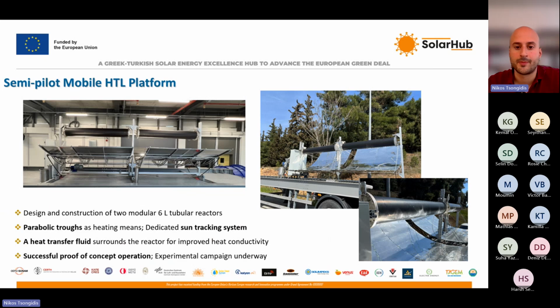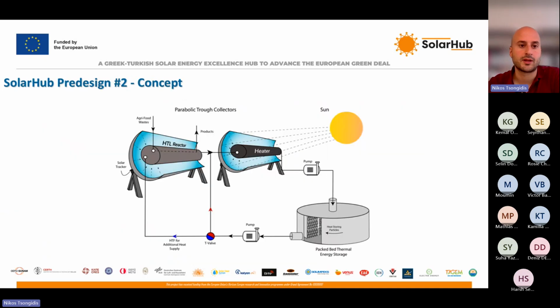Of course, some modifications and some actions will also be taken into account for the needs of SolarHub pre-design. So this is something that will be tested over the next months. So some details over the SolarHub pre-design number 2.